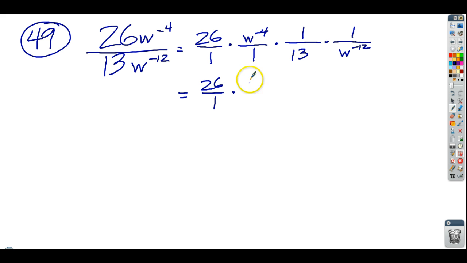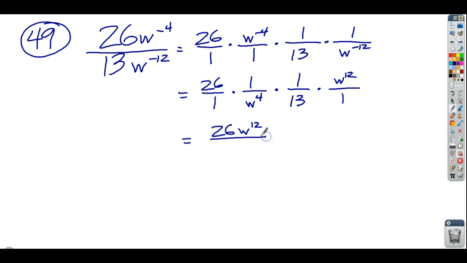This one's going to flip, so I get w to the fourth times 1 over 13 times, this one flips, w to the 12th over 1. Now I could recombine it: 26 w to the 12th over 13 w to the fourth.